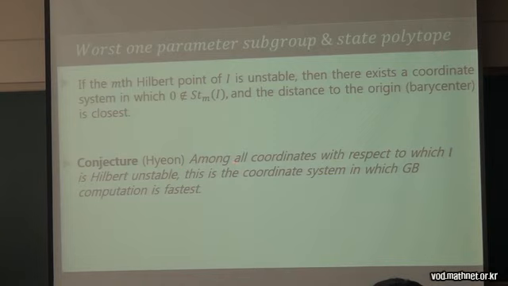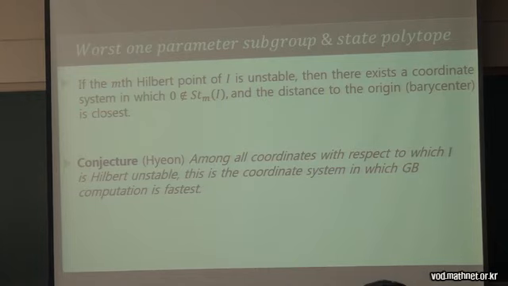I should not have put my name there, but it's okay. So among all coordinates with respect to which I is Hilbert unstable, and you can precisely describe what these coordinates are, if the ideal is given, then you can precisely state what this generic coordinate means in terms of the equations in the ideal.